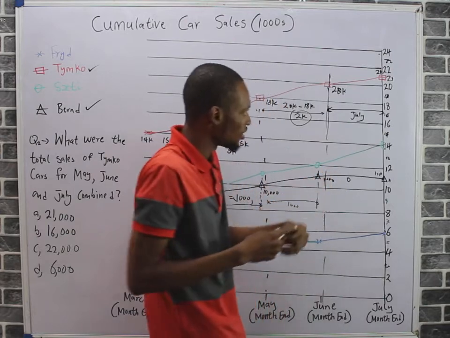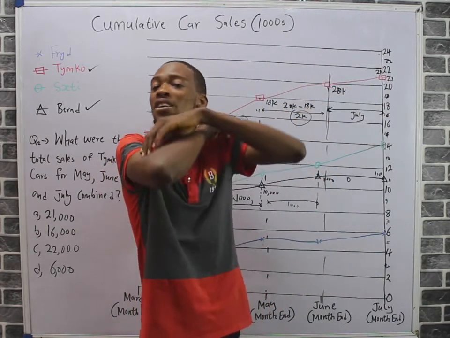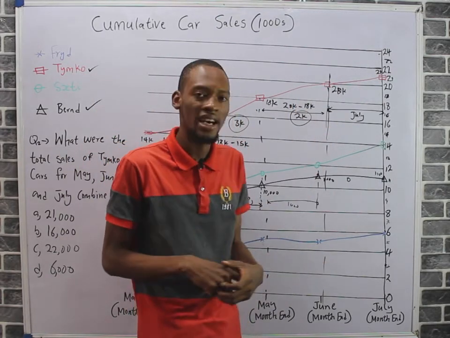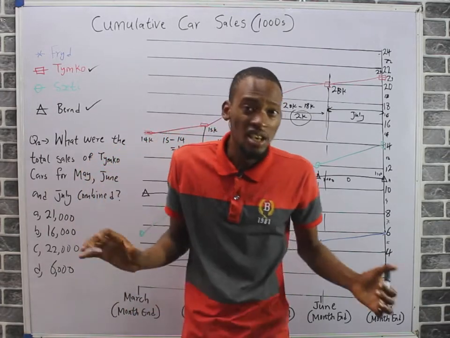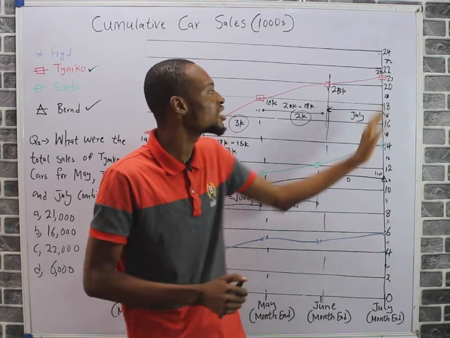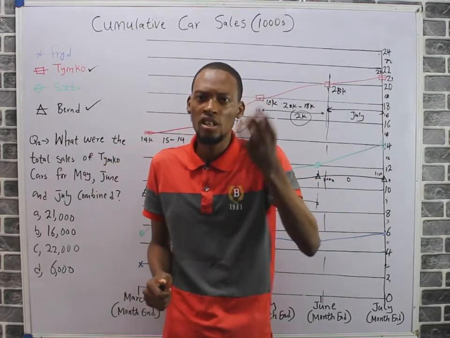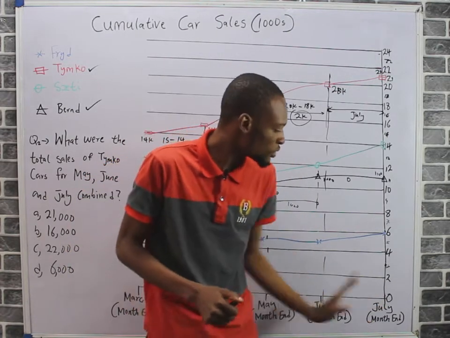This implies that the total amount Tymko car made, everything, is 21,000 cars. The number of cars sold, rather. So in the full business, from the beginning of tracking to the end of tracking, they made 21,000 sales. Now, like I said, let this be July.